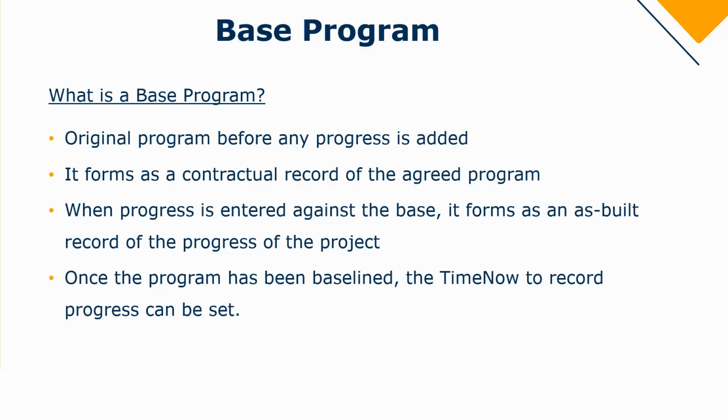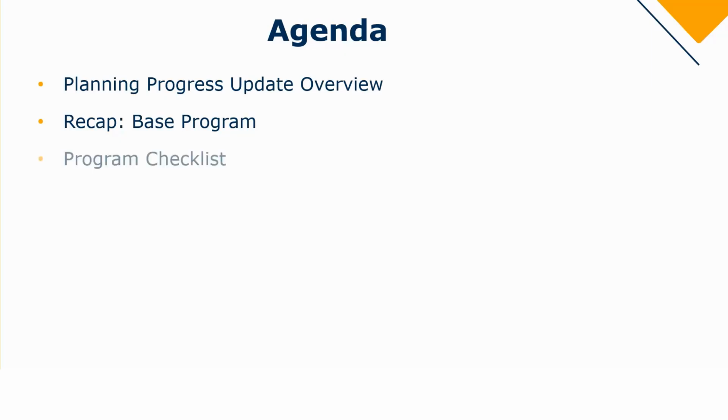Okay, so I will go live into the system where we will base our program before recording our progress. But it's very important to run through a program checklist. The program checklist is covered in detail in the C202 Planning and Programming course, so I'll just note what the checks are, but I will not be doing it.